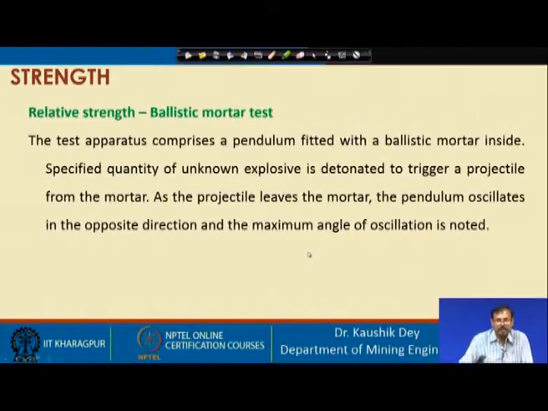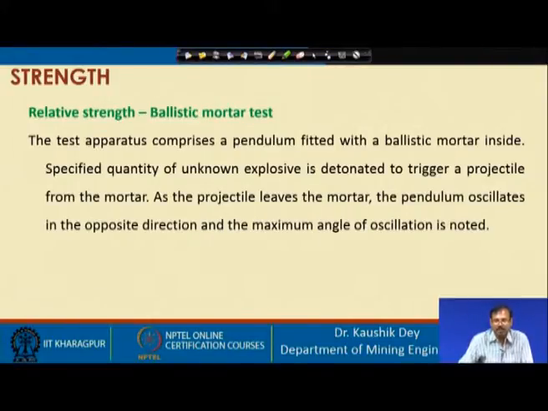So, this is the ballistic mortar test, which is carried out to measure the relative strength of an explosive. What is the ballistic mortar? In the next slide we will see the figure, but a ballistic mortar basically comprises a pendulum fitted with a ballistic mortar inside the pendulum.